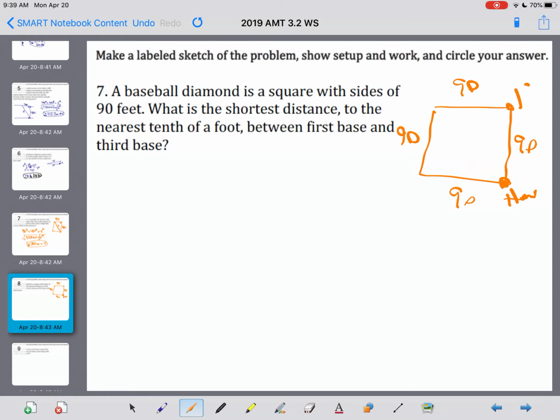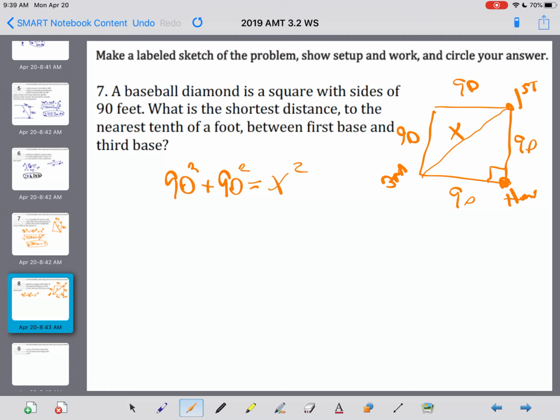So first base is here. Third base is here, so we're looking here. Like I said, a square has right angles as well as 4 equal sides. So again, I'm going to set up 90 for one leg, 90 for the other leg, and x for the distance across, or hypotenuse.